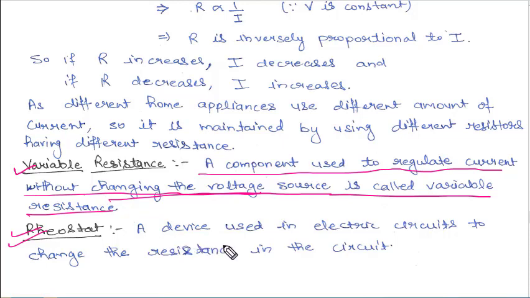So if you keep the regulator at 1, then it will have a high value of resistance and low current will flow through the circuit, due to which the fan will run at a low speed. But if you keep the fan at 5, then there will be a very low value of resistance and the circuit will get more current, so your fan will move at high speed.